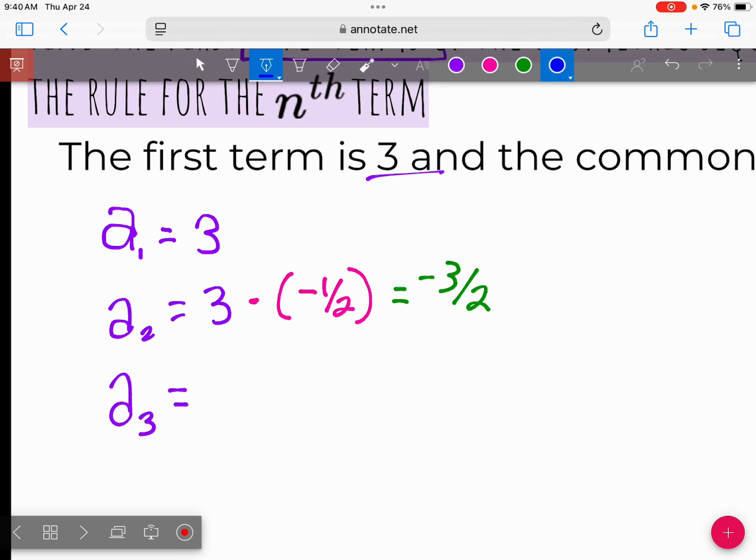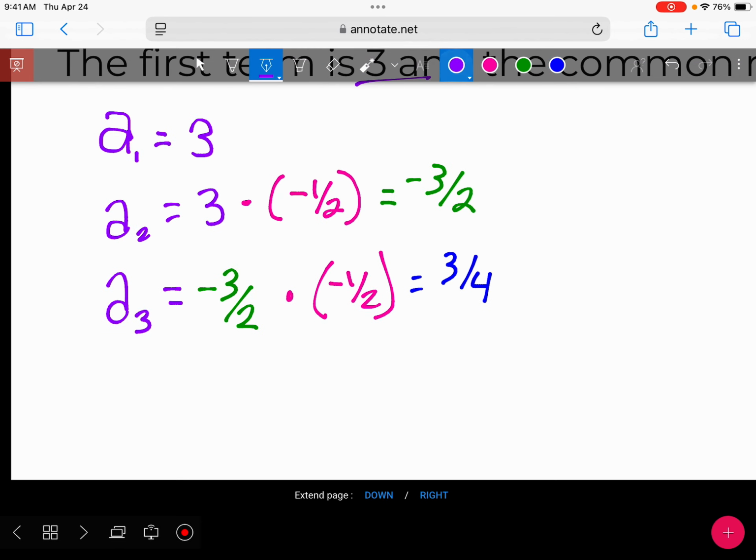Negative 3/4? 3/4. Because we take our negative 3/2 times negative 1/2, so we wind up with a positive 3/4. So how about a sub 4? Negative 3/8.